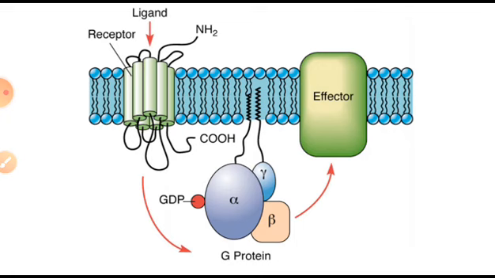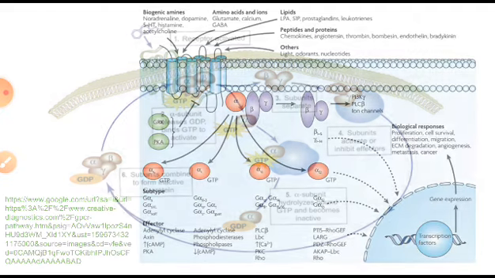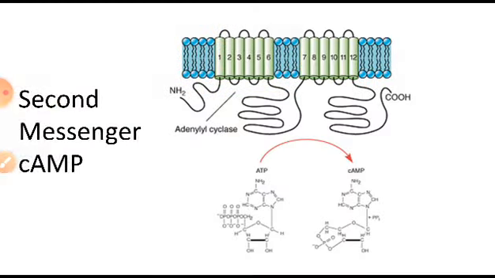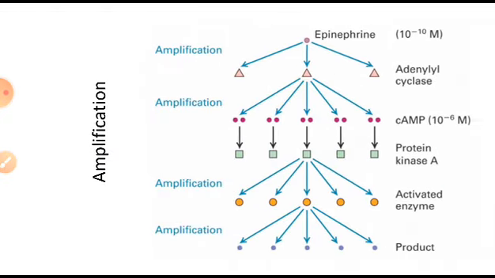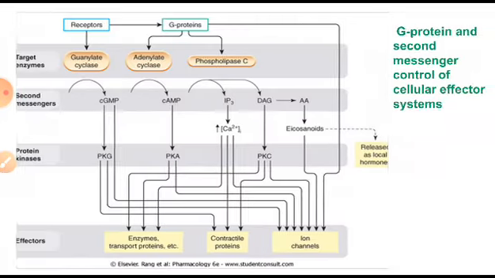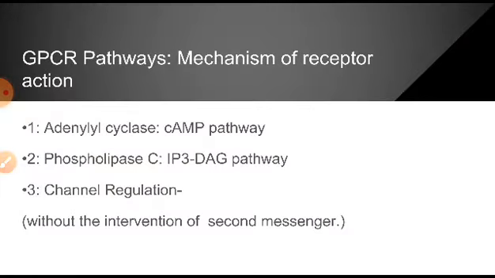Other than the alpha subunit family, there are 7 beta and 12 gamma subunits. As I told you, alphas are different, GS, GI, GO, GQ. In the same way, beta and gamma are also present in many different forms, right? There are 7 types of betas and 12 types of gamma subunits.